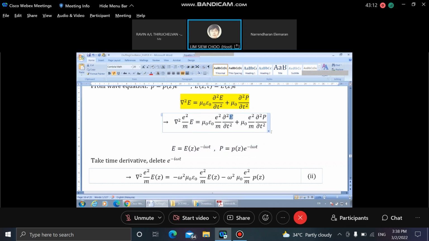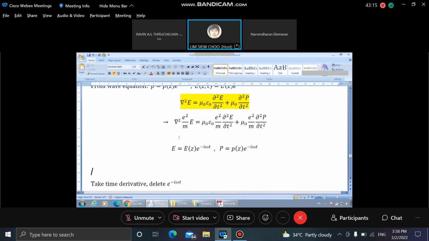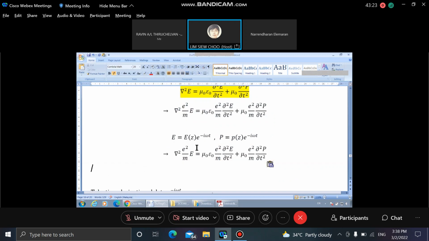Here also. So this is the modification of the wave equation into this. I copy and paste here. So I substitute the e into this, and the p into this.